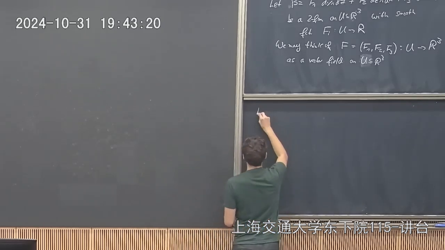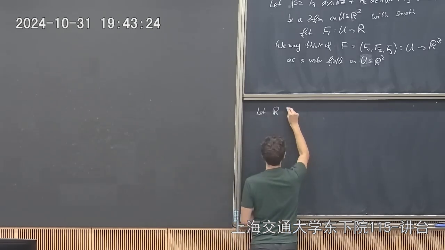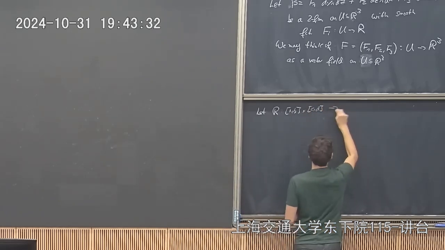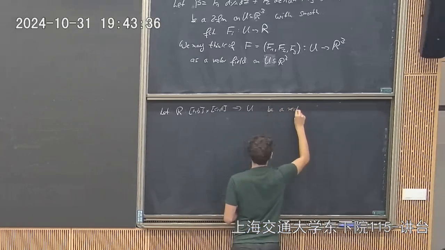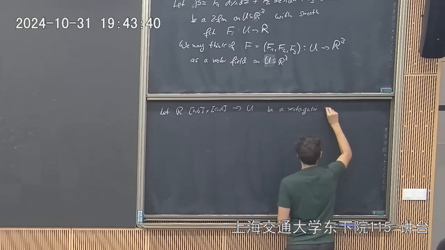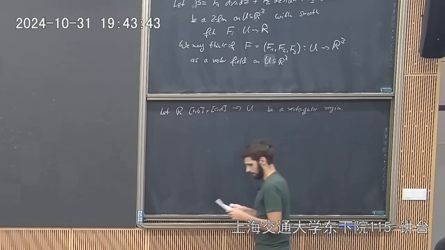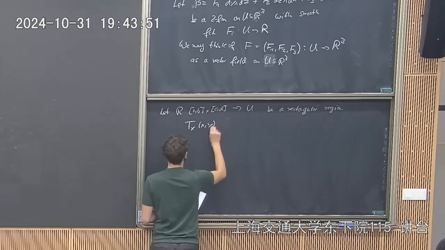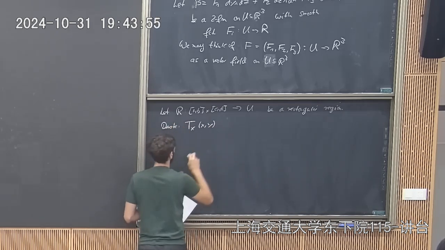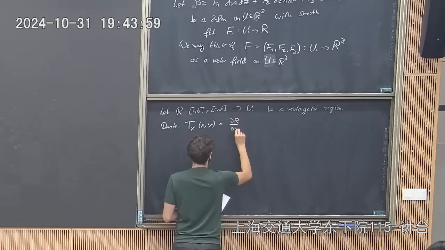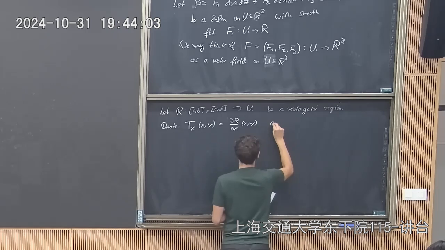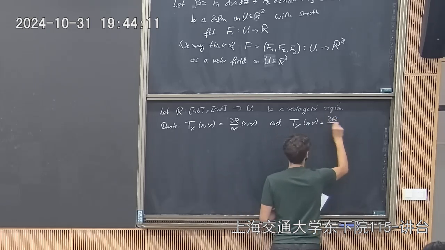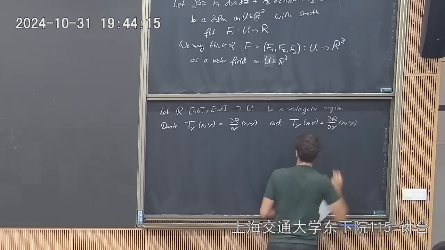But what we can do is let r be a parametrization on a rectangular region U, and let the two vector fields be dr/dx and dr/dy.